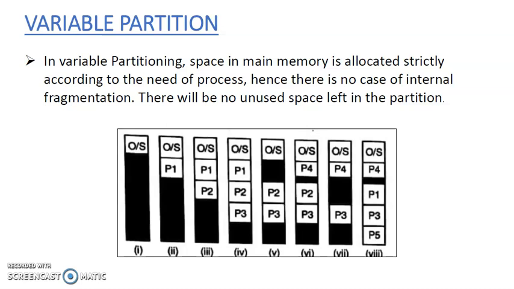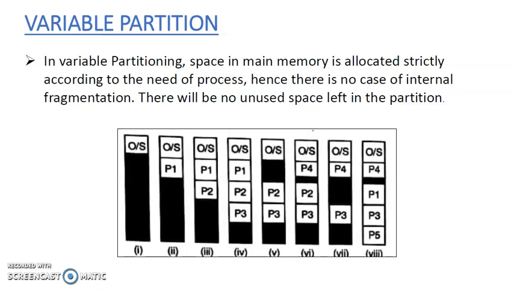You can see in the diagram. After that, in the 6th step, P4 is loaded and starts its execution. P4 is loaded in the space available as P1, since P4 is smaller than P1. Okay, this is all about the 6th step.